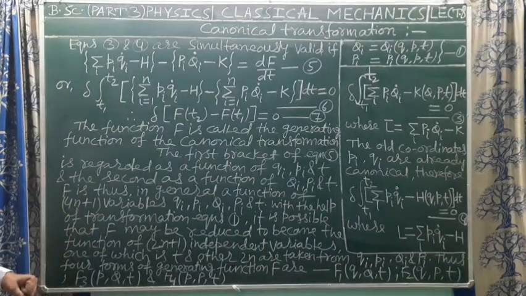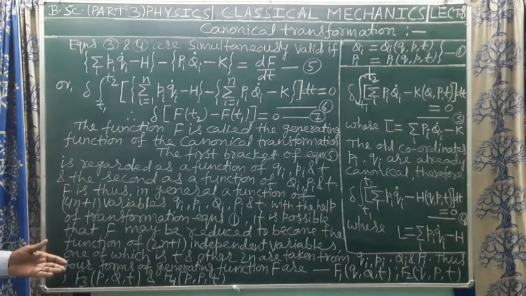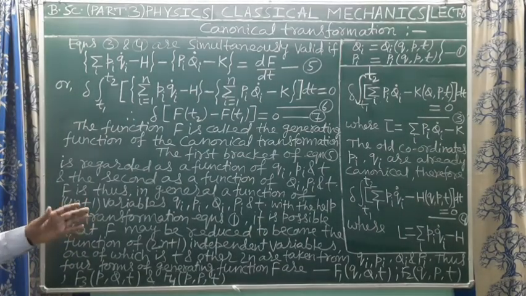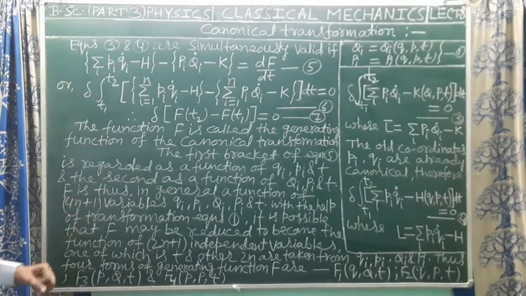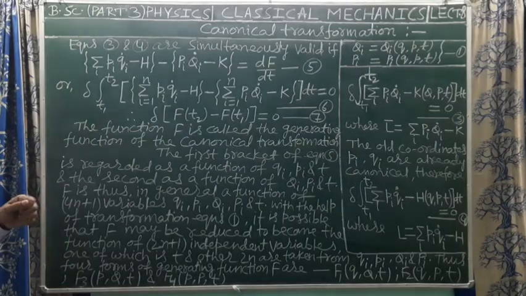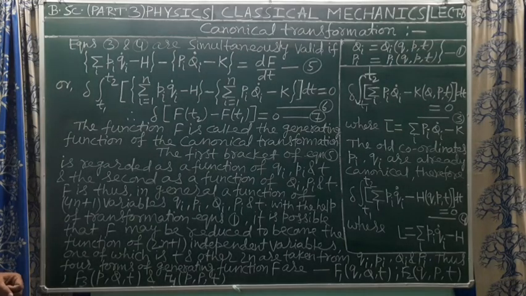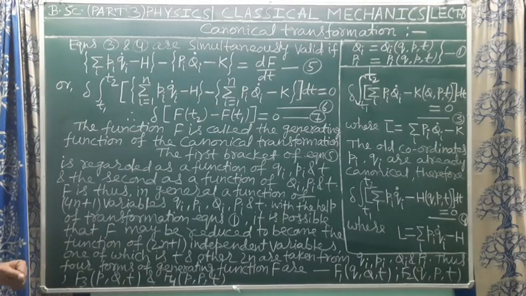So 2n variables we can obtain from the total 4n variables, a small qi, a small pi in the old coordinate system, and capital Qi and capital Pi from the new coordinate system. So with the help of the transformation equations given by equation 1, we can reduce the total variables, that is 4n plus 1 variables.